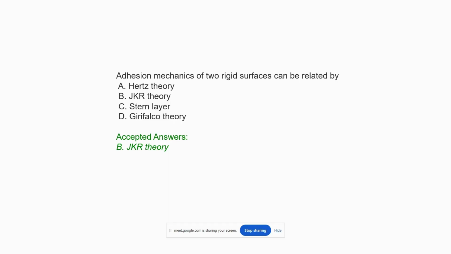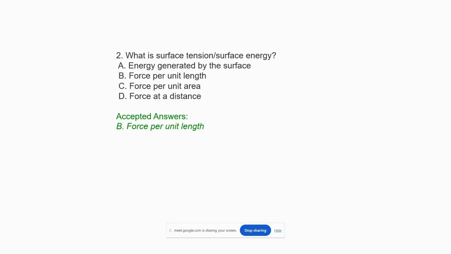Adhesion mechanics of two rigid surfaces can be related by Hertz theory, Jacquier theory, Stern layer, or Giri-Falco theory. The correct answer is Jacquier theory. Then what is the surface tension or surface energy?